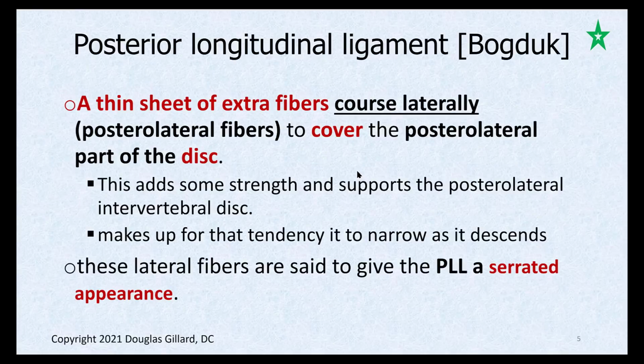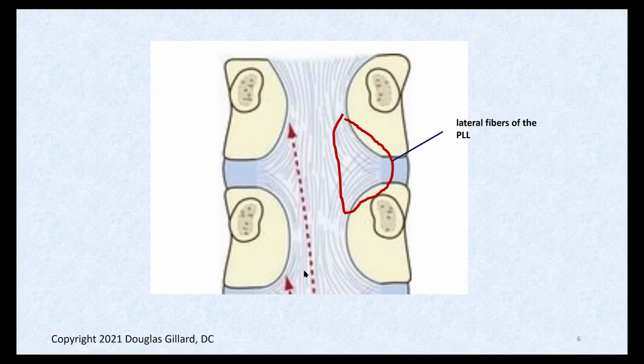And those, a thin sheet of extra fibers, those are the ones we just talked about. They come out laterally to perhaps give a little extra protection to the disc in the disc herniation area. And kind of gives it, they say, a serrated appearance. I don't know if that's really true, but there they are there.